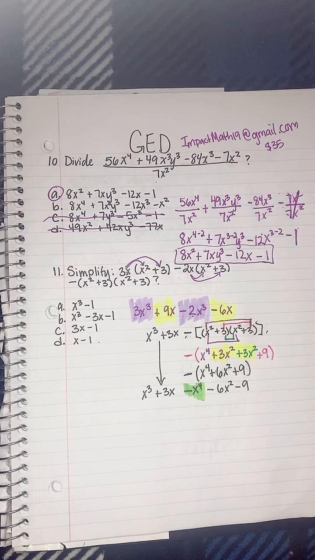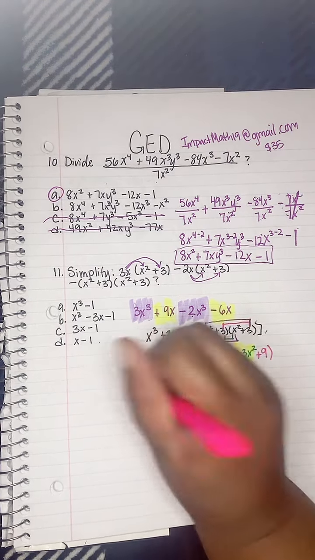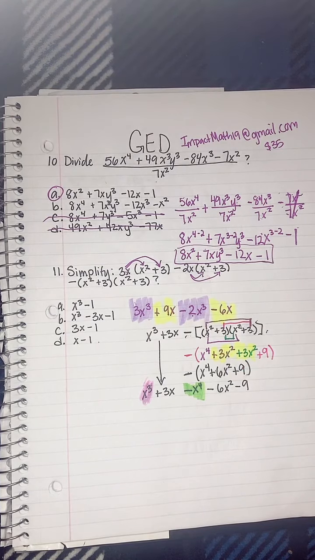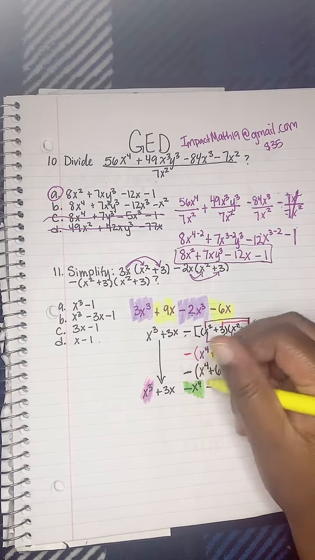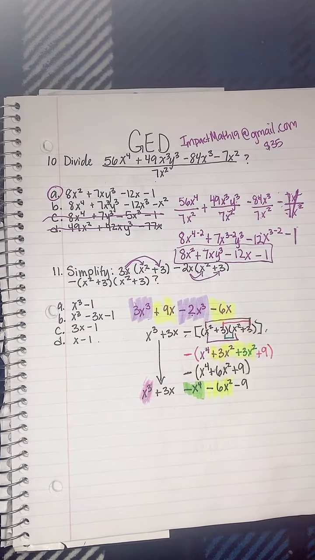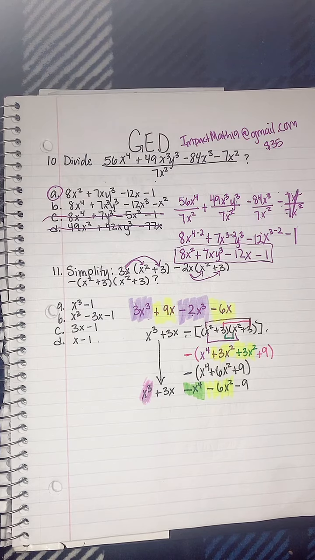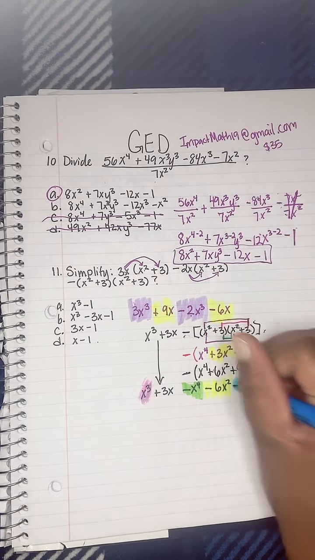So now, let's see what happens here. So we have this. This right here is x to the third. And then here we have this negative 6x squared. And then we have this, negative 9.